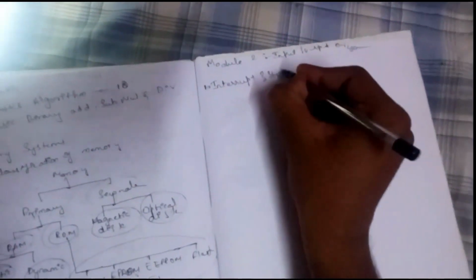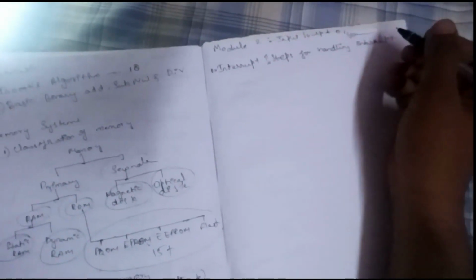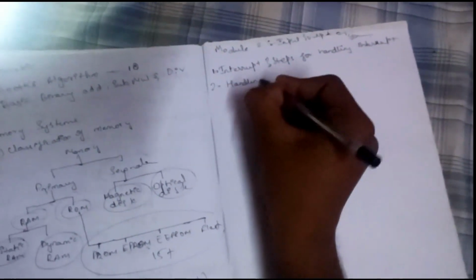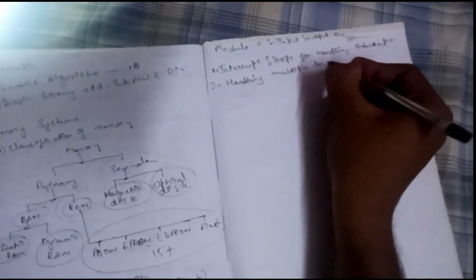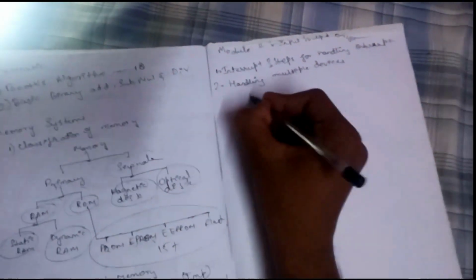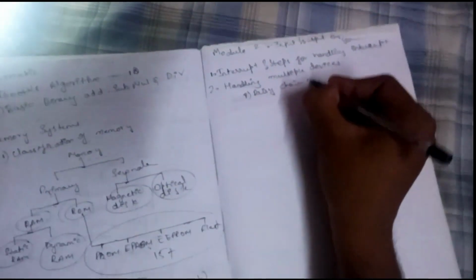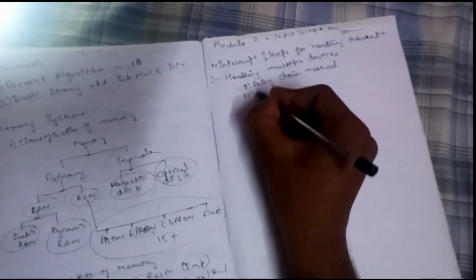In module 2, the first question will be: what is interrupt? Steps for handling interrupts. Handling multiple devices, that is the daisy chain method and the priority arbitration method.